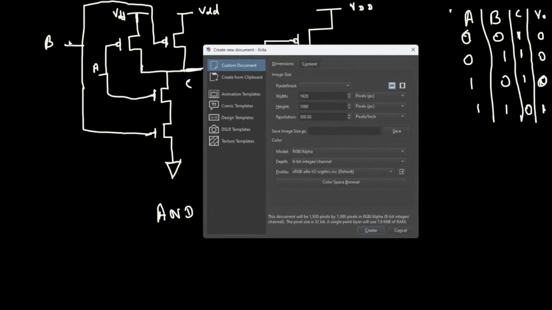Now let's look at an example. So let's say we have 2 PMOS in series, and then NMOS in parallel. The VDD should be coming from this.